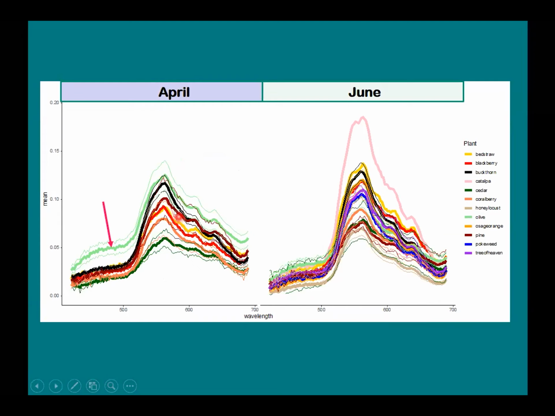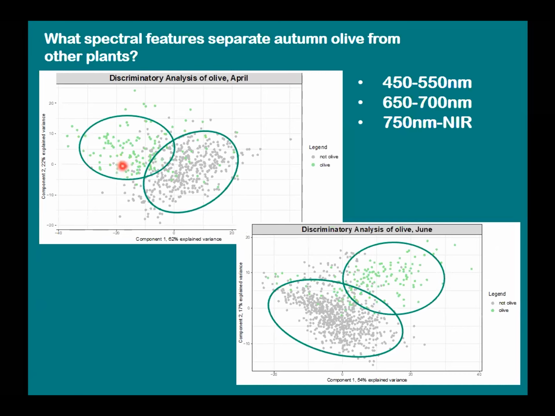And from an autumn olive perspective, it really distinguishes itself in the blue wavelengths during April, which is a very nice feature and something that would be super useful to be able to pull out the spectral signature of autumn olive and identify that as being different from other species on the landscape.